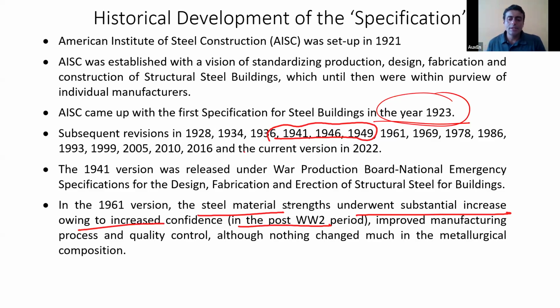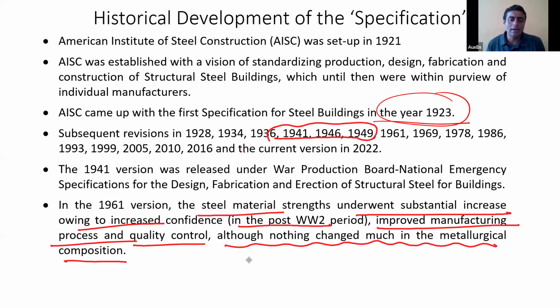Also during these years, there was substantial improvement in the manufacturing process and quality control. So although nothing much changed in the metallurgical composition, and yes, of course, a few alloys were added here and there, remember that 98% is still iron.